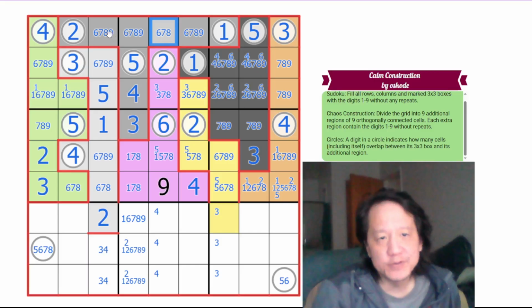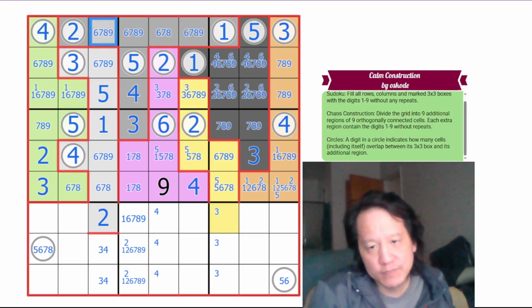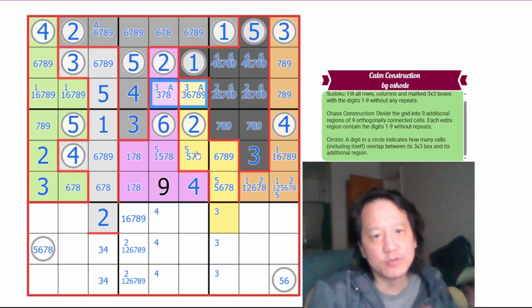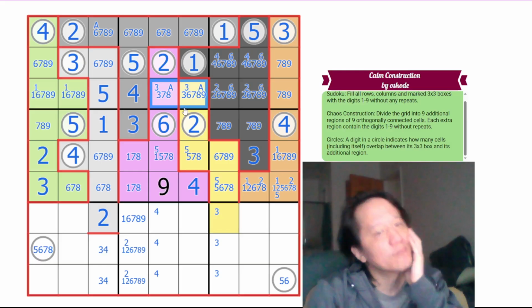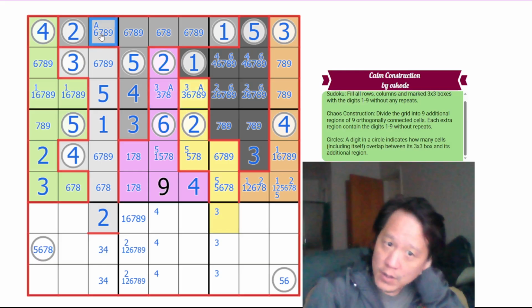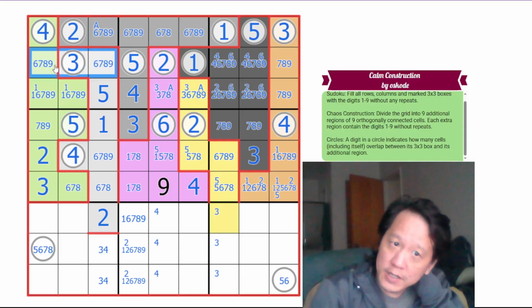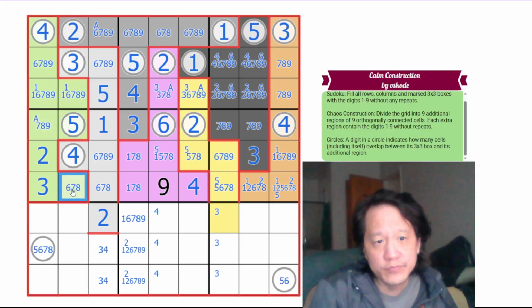So whatever this digit is here, let's mark it with the A, has to be one of those 2 digits here. So this is 3 and A here. A is here, so A cannot be any of these cells.